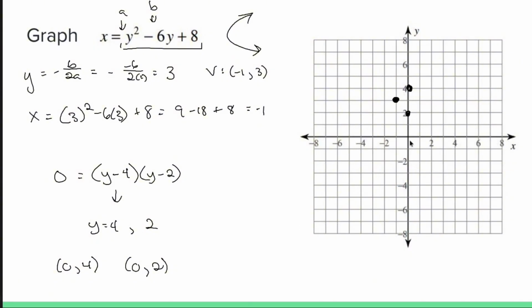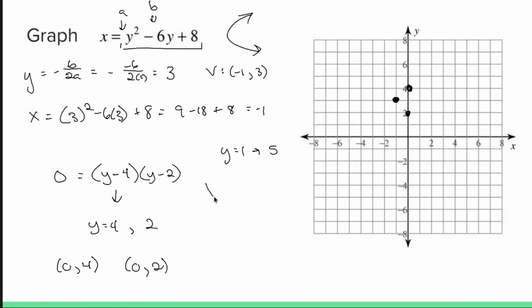From there I can draw some points, but those are just way too close. I'm going to be very paranoid. Why don't I plug in 1? Whatever I get at 1, I'm also going to get at 5. By the way, plugging in y equals 1 is the same thing as plugging in 5.